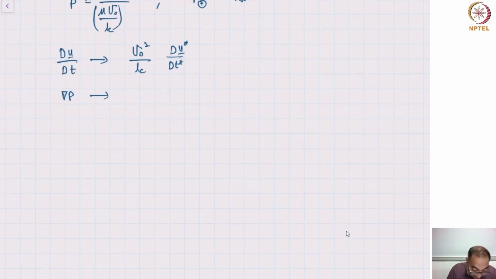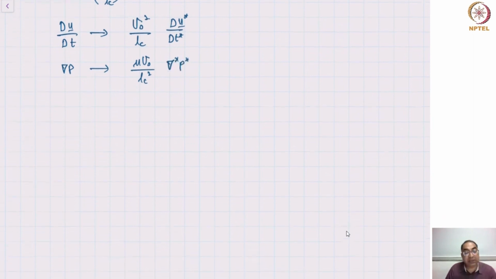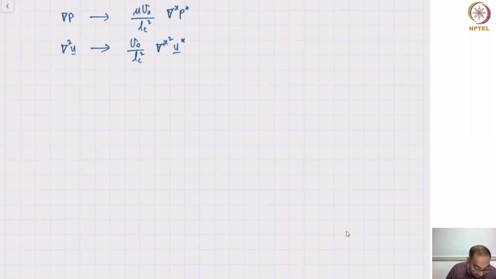The pressure term would become as follows: mu u naught by LC square, viscous term. I'm first writing down the individual terms and then we will put everything together. So if we put everything together, what do we have here?